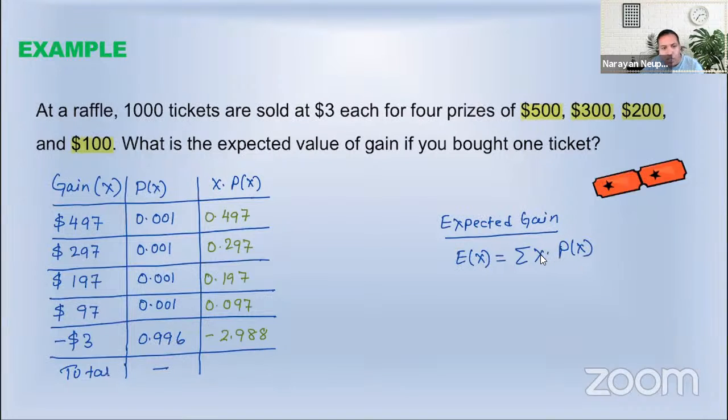Now the expectation is you add all those. Now if you add all these values, 0.497 plus 0.297, use your calculator and add it, 0.197 plus 0.097, and then the last one is minus 2.988. What did you get?